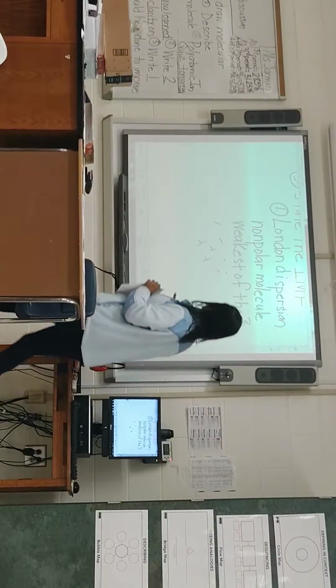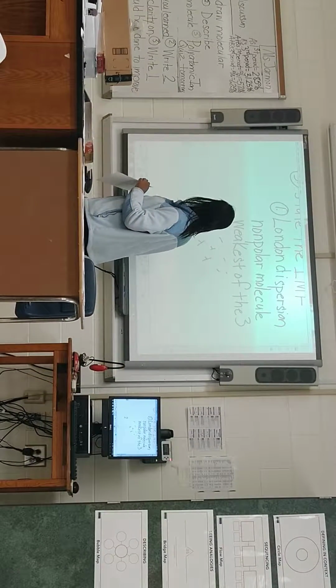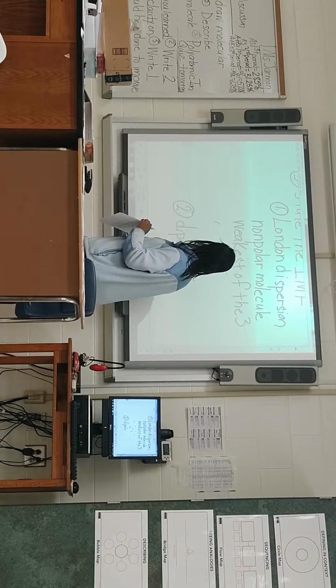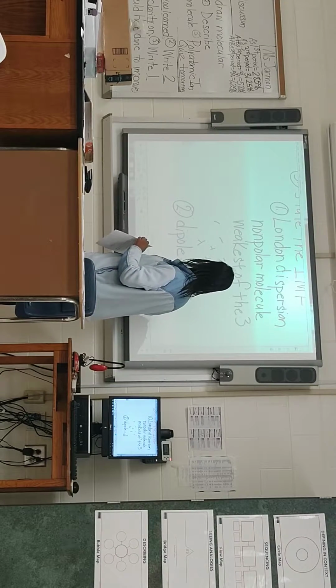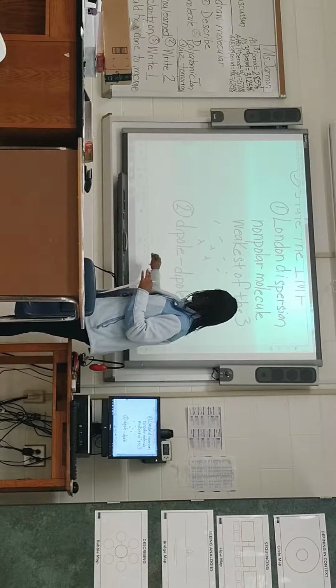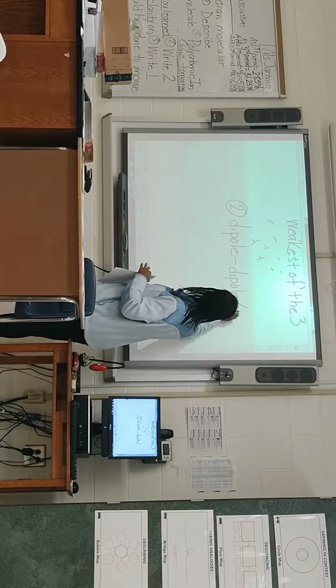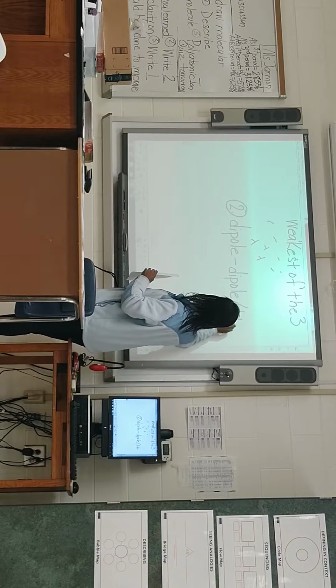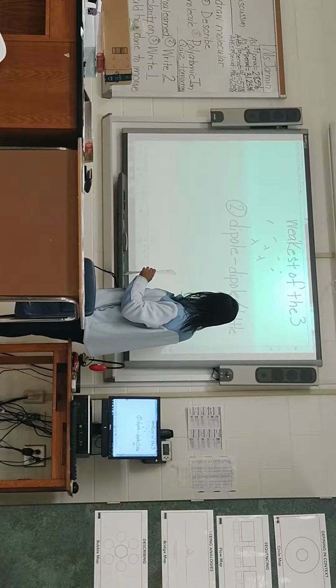All right, next intermolecular force is called dipole-dipole. For dipole-dipole force, I want you to think of little magnets. So when you think of magnets, you think of forces of attraction. So dipole-dipole, think of little magnets, and I've drawn the picture down here. So these are like a stronger force of attraction. Why?